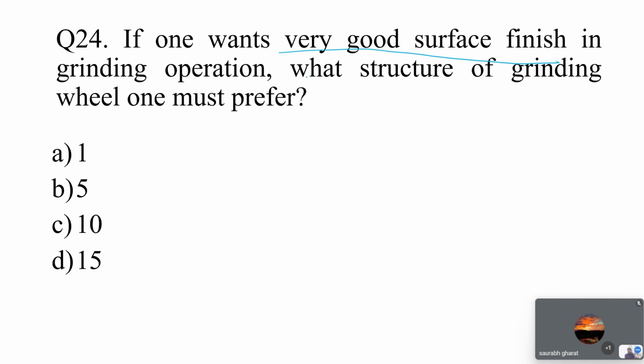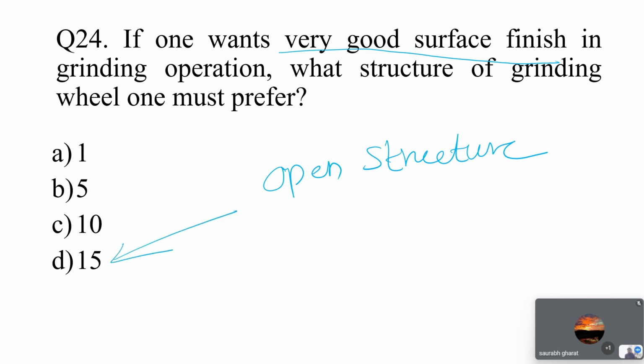In grinding operation, what structure of grinding wheel must one prefer? If you want very good surface finish, you have open structure. That is a higher number, so it will be 15. As it is an open structure, chips will get accumulated there.